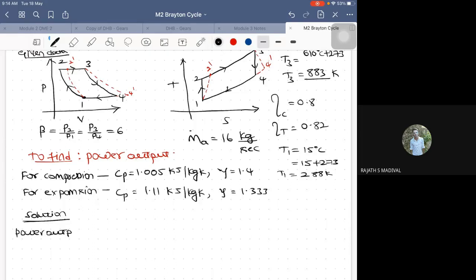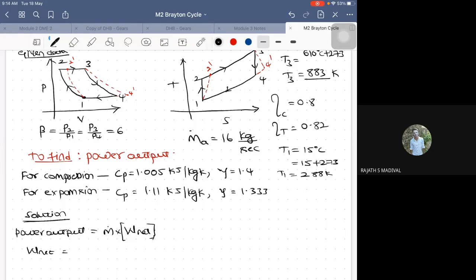The power output is given simply as the mass flow rate of the air times W net. You can take the cyclic W net or just W net. Now, what do you mean by W net? How many types of works are there in this particular Brayton cycle?